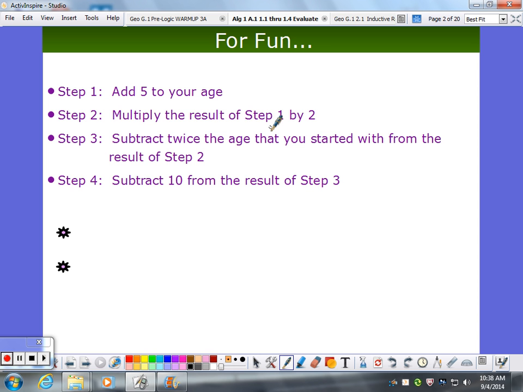You took your age, added 5, multiplied by 2, and you're going to subtract twice your age from that number. You can do this. And then once you've done that, subtract 10.